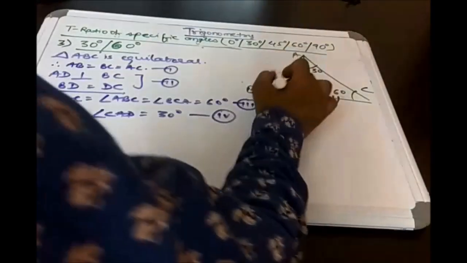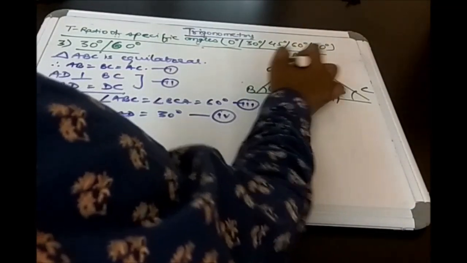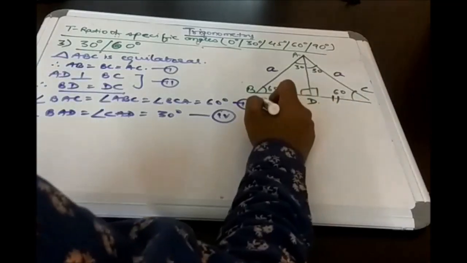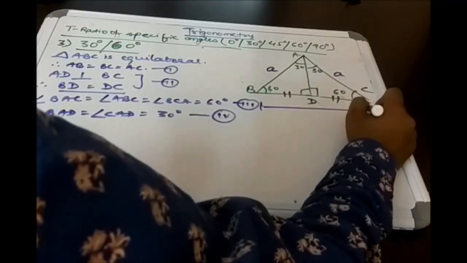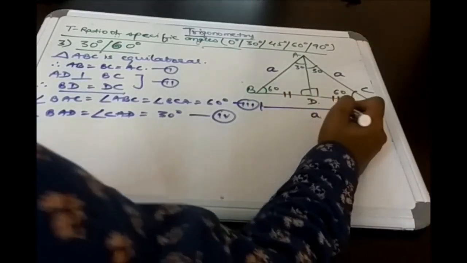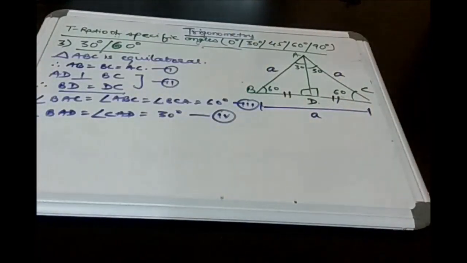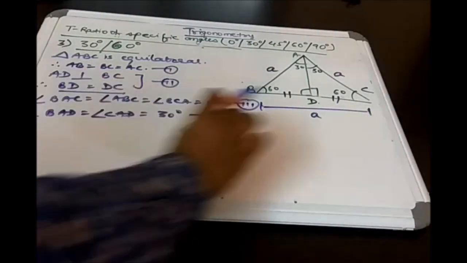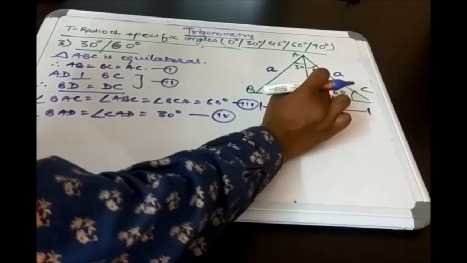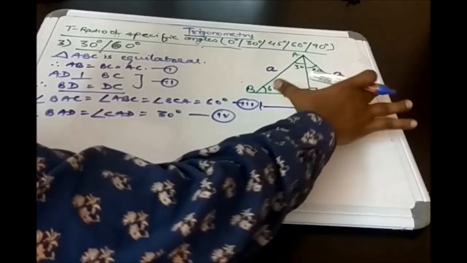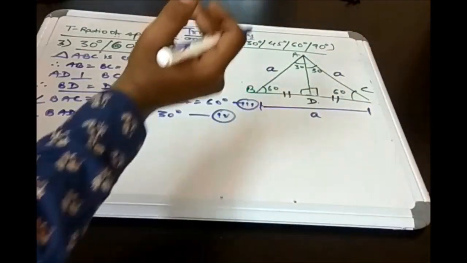Now if we assume all the three sides of the equilateral triangle to be A, then BD will be half of BC because the point D has divided the line BC into two equal parts.